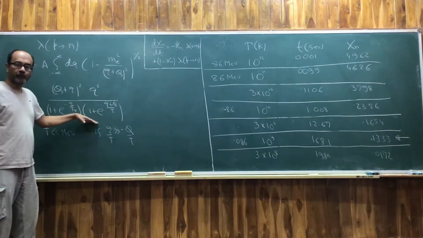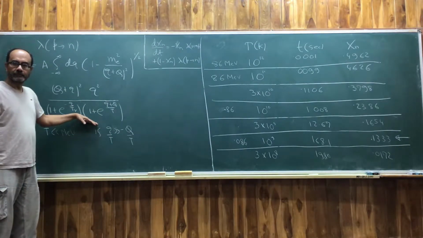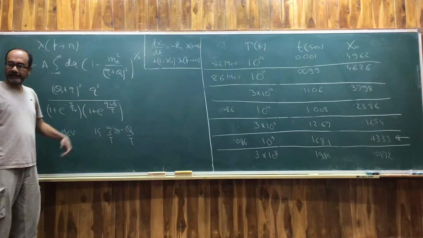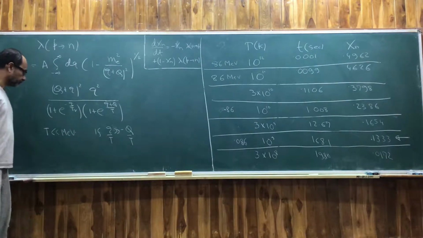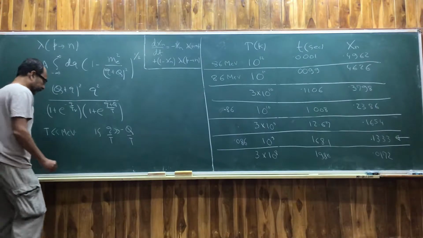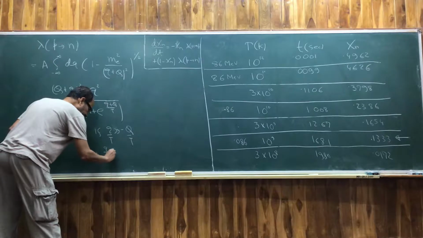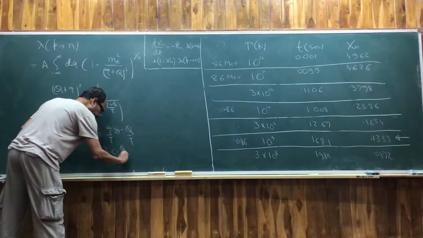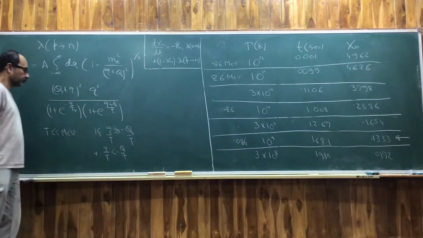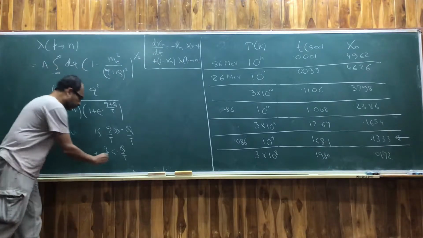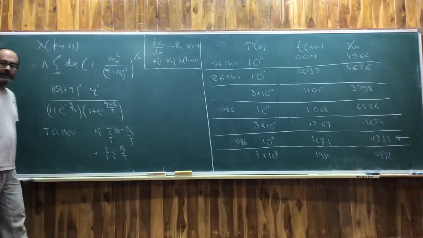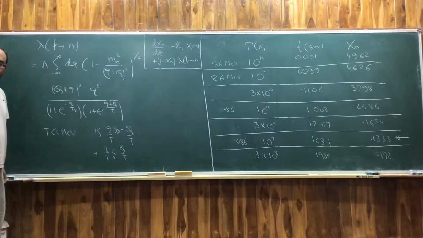That makes this contribution small. Large exponent in the denominator. So this means that Q by T must be smaller than or equal to minus Q by T for this integral to contribute.